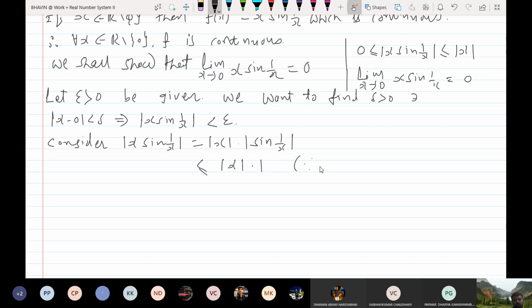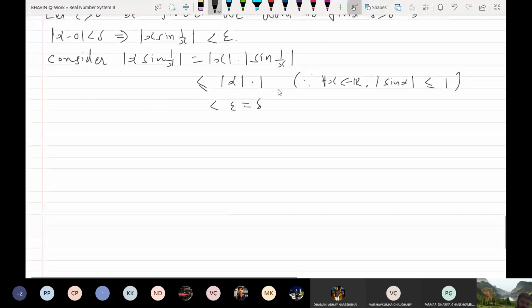The reason is this: for every x belongs to R, mod sine x is less than or equal to 1. So mod x, I want this less than delta, and this less than epsilon, whenever mod x is less than delta. So this tells us that I must take delta equal to epsilon.